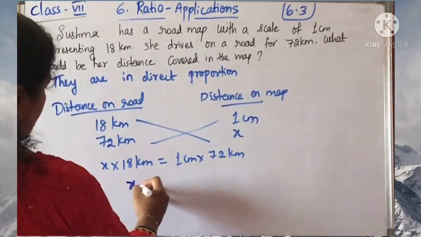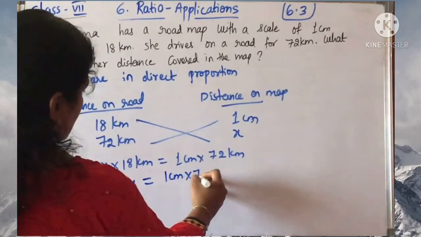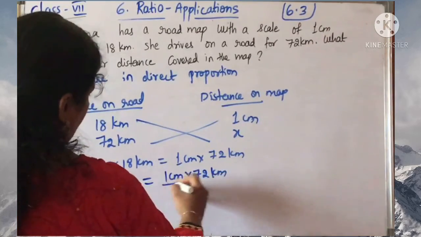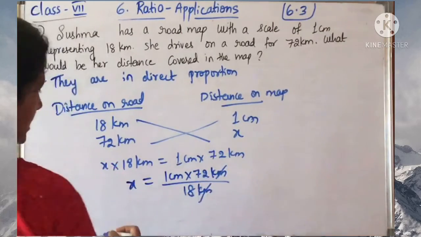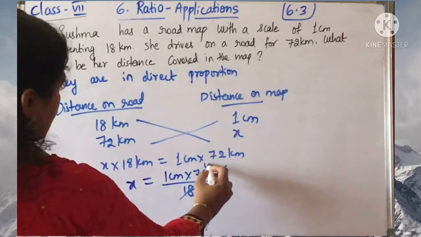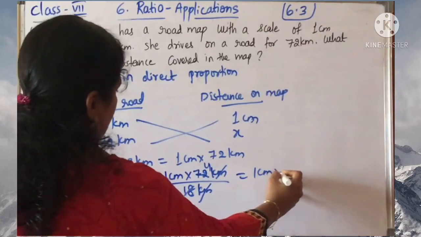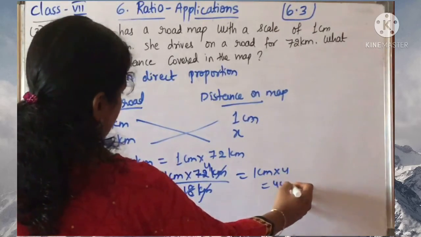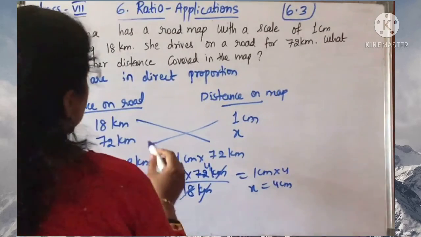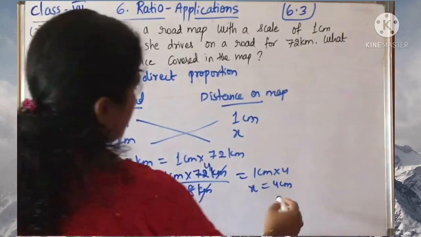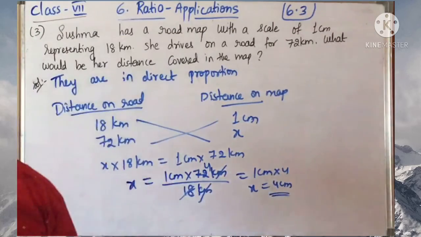Now x is nothing but 1 centimeter into 72 kilometers by 18 kilometers, right? So here kilometers get cancelled. 18 1s are 18, 18 4s are 72. So 1 centimeter into 4 is nothing but 4 centimeters. So x value is 4 centimeters. So when the distance is 72 kilometers, it is represented on the map as 4 centimeters.